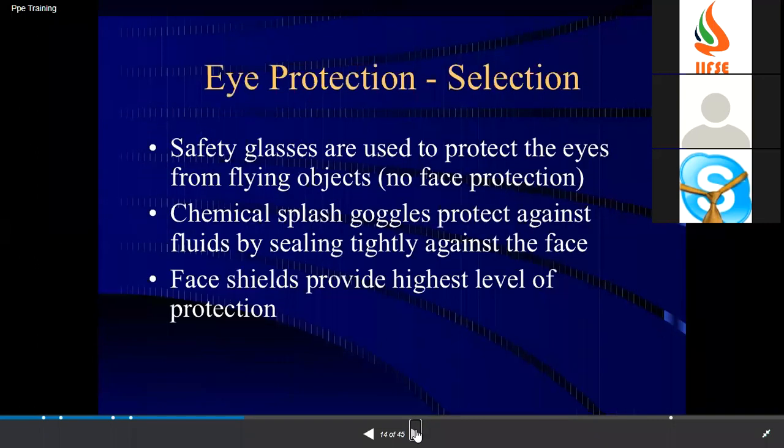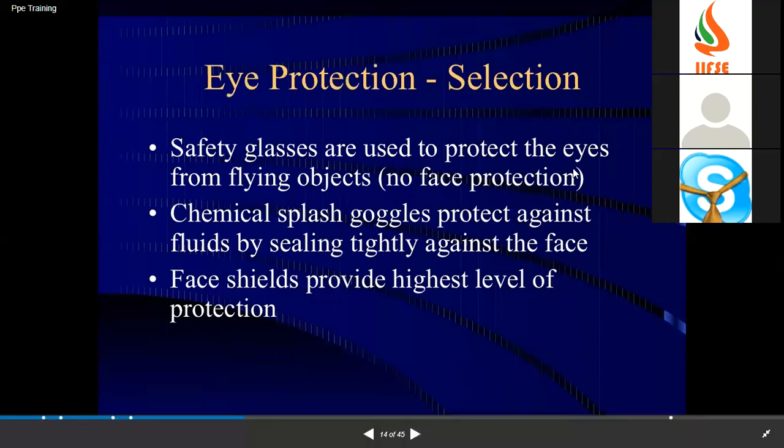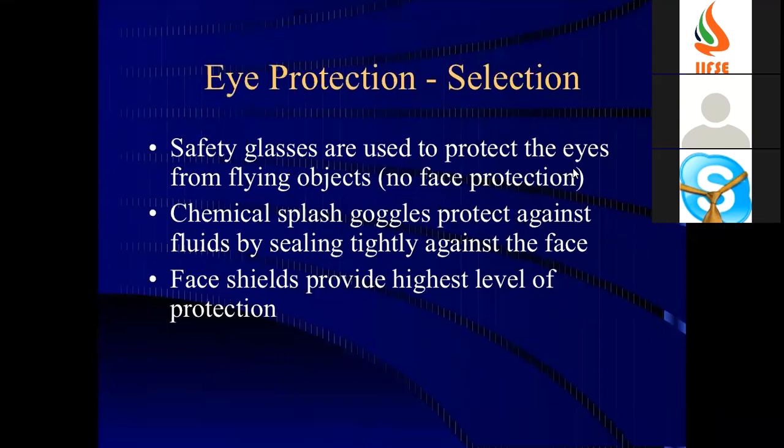How should the eye protection be selected? In the exam they will ask what challenges are faced while using PPE. You can write a few, and they may also ask what things you have to consider in the selection process of PPE. Safety glasses are used to protect the eyes from flying objects.